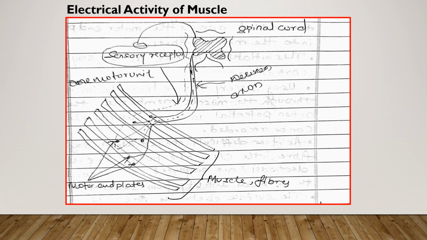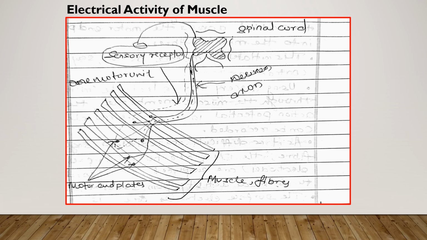A motor unit consists of a single branching neuron. This is nothing but a single branching neuron from the spinal cord and muscle fiber, which connects to motor end plates.